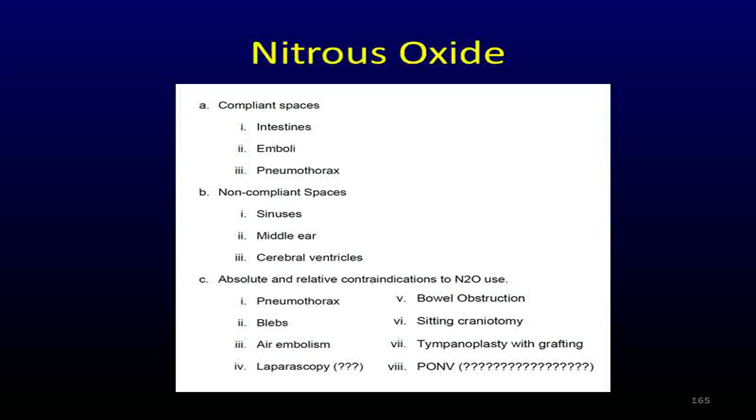Now these are some of those spaces. So let's think about this. Has anyone ever taken care of a patient that had a spontaneous pneumo? Usually they're tall, lanky guys. They don't really know it. Now imagine that guy on your OR table. Have you had one?